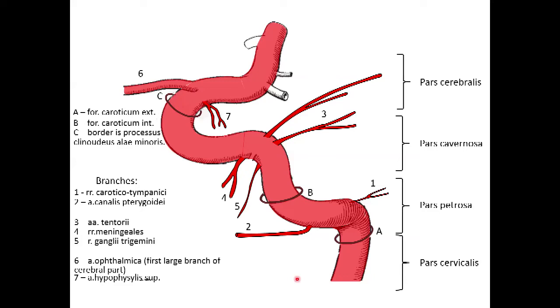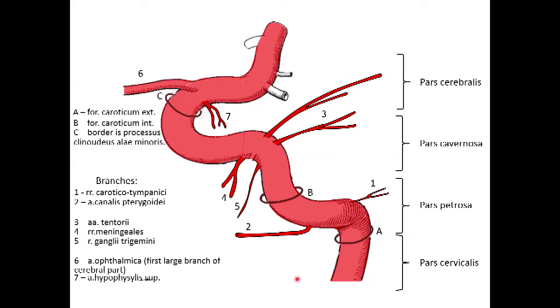You remember that the hypophysis is one of the very important organs of internal secretion, which is located inside of the Turkish saddle of the sphenoid bone.